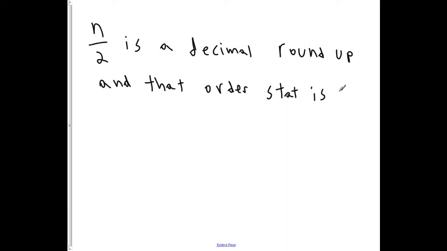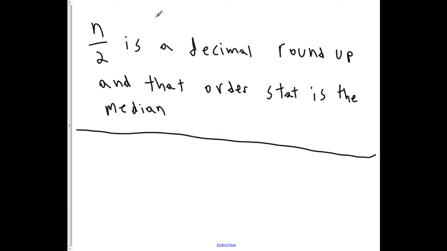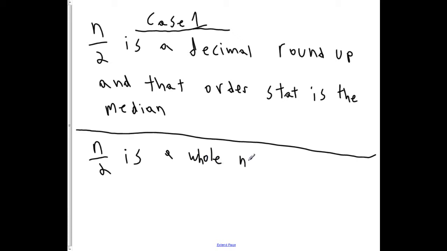Now, if n over 2 is a whole number, that's the other case. So that was case 1, the case where n over 2 is a decimal. If n over 2 is a whole number, then average out that order statistic and the next.